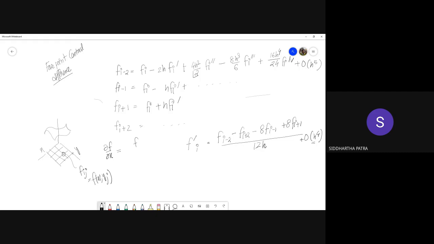So I can write it as f(i+1, j) minus f(i-1, j) divided by twice h. This is how you define the derivative. You do not change the y, but you change the x values, and accordingly the f values at those two locations that you take, and then you evaluate the derivative.